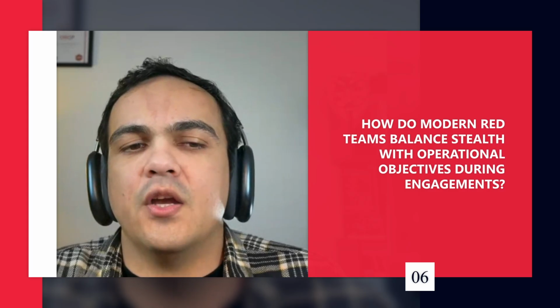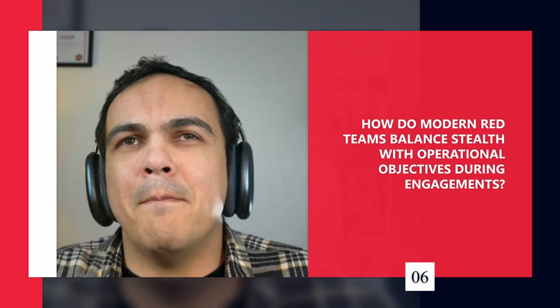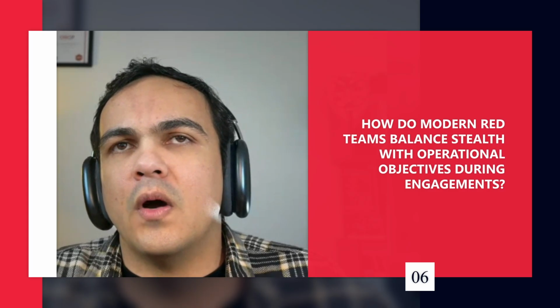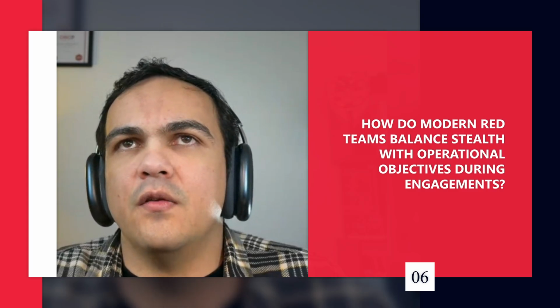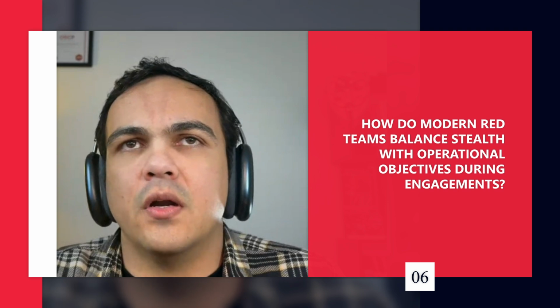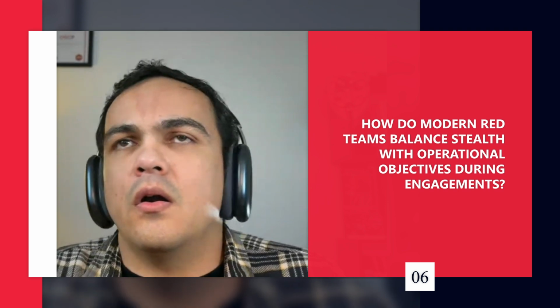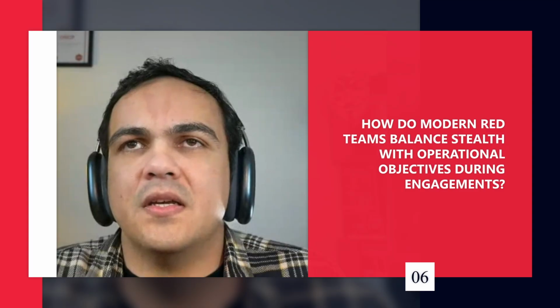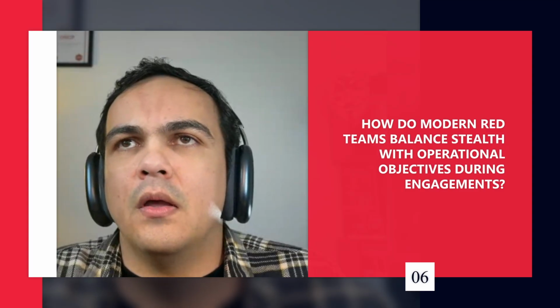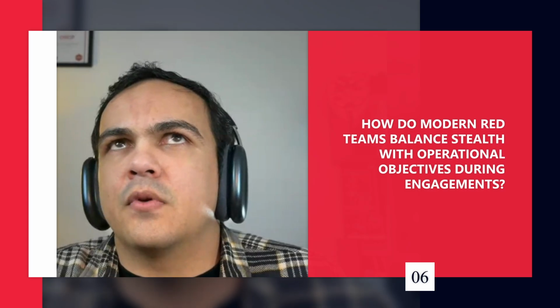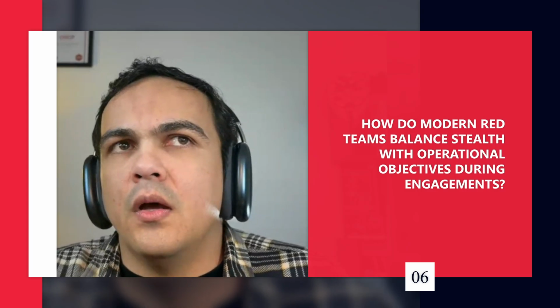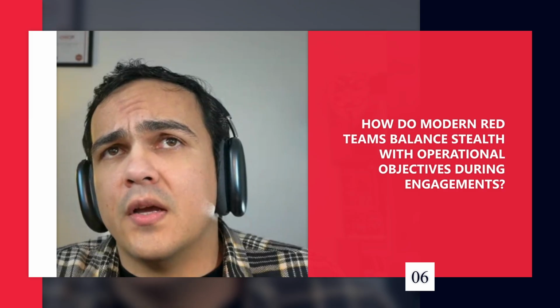Okay, create your tools based on what you detected before. Let me try to explain. If you detected, for example, that your customer or your business uses CrowdStrike, try to understand how CrowdStrike works.